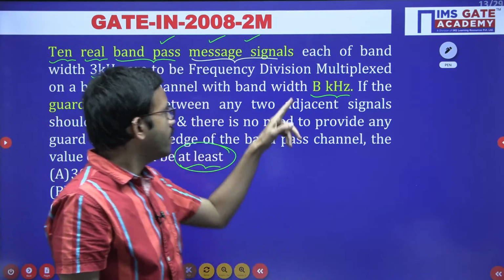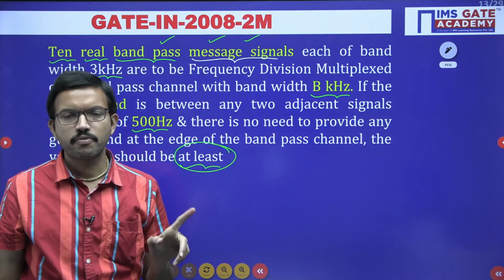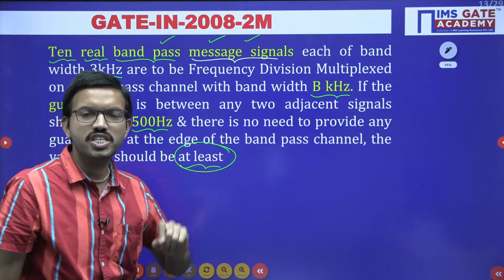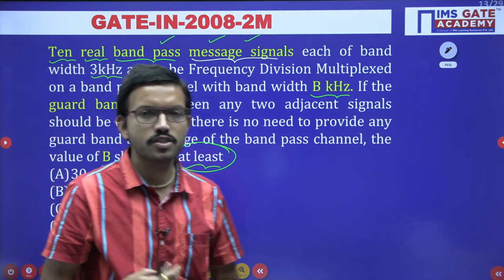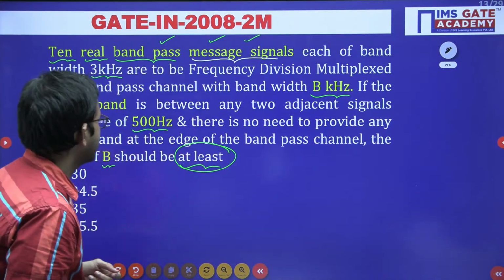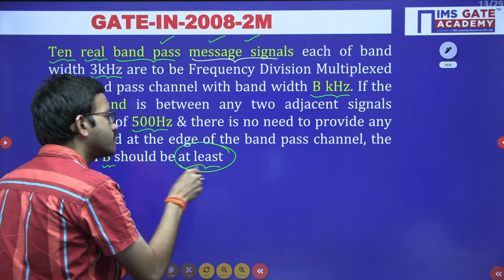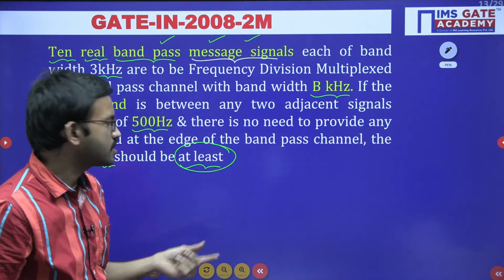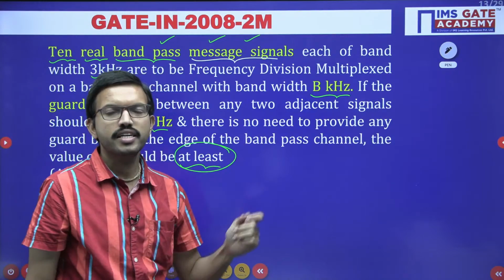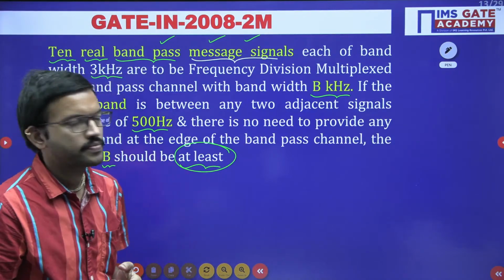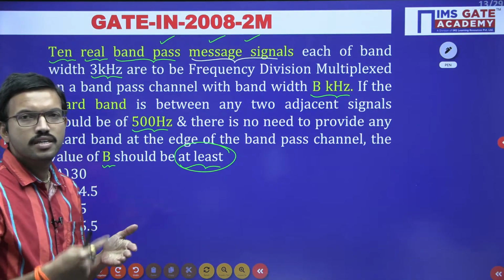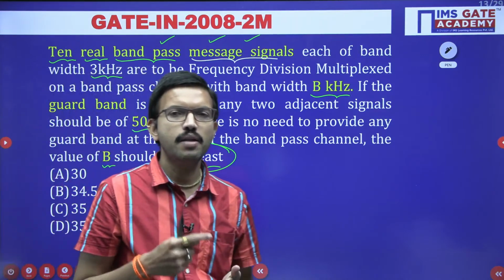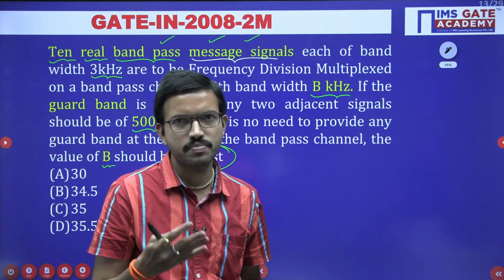When you read this question, they haven't mentioned what type of modulator we can use, but the last word is giving the hint about which modulator we have to use. Earlier we discussed AM, DSBSC, and SSBSC.